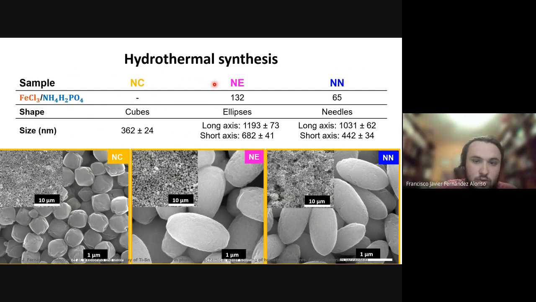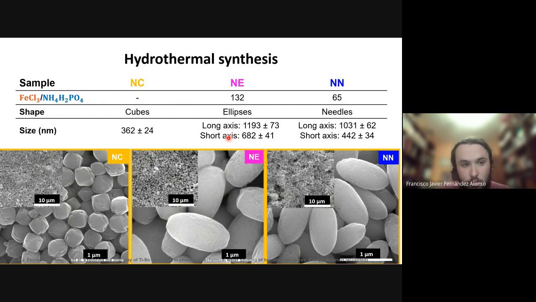If we introduce some ammonium phosphate, we see that the morphology changes to more like ellipsoidal nanoparticles with about 1 micron of the longer axis and 700 nanometers for the shorter axis.